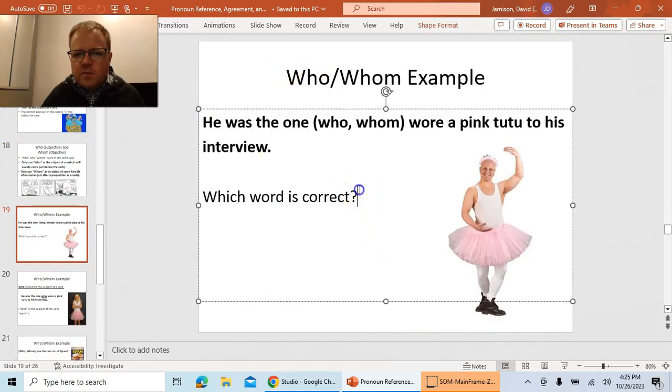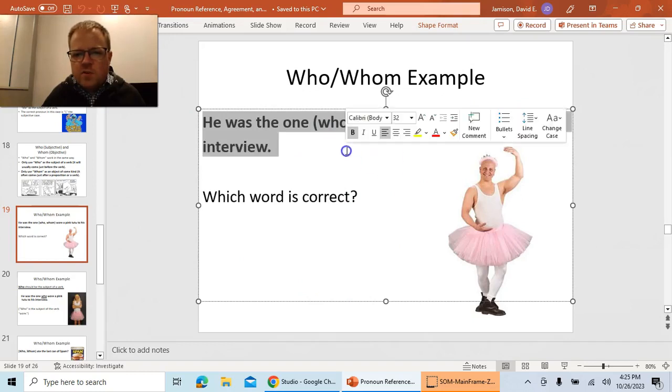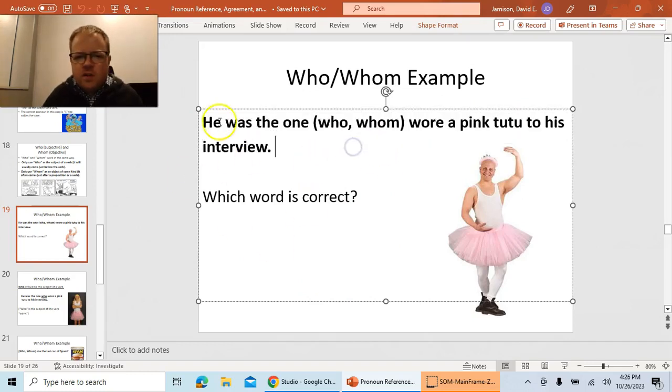So here's some examples. He was the one who or whom wore a pink tutu to the interview. In this case, he is the subject of this sentence, and he is wearing the pink tutu to the interview. So you would say who in this case.